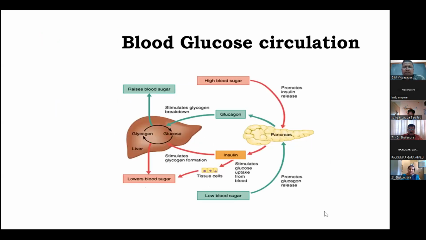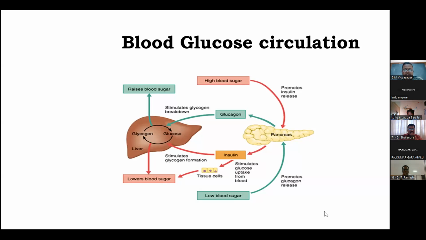This picture gives us a clear understanding of how glucose circulation occurs in diabetes. See, when the blood sugar is high in the blood, it signals the pancreas. Then the pancreas produces insulin. Then insulin associates with the sugar and takes it into the cells and tissues.